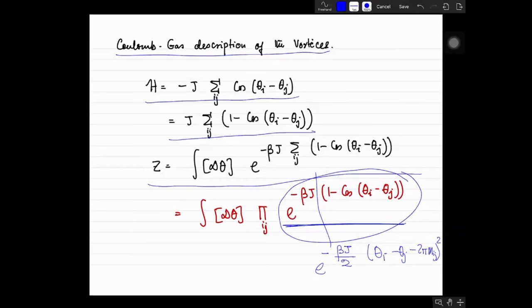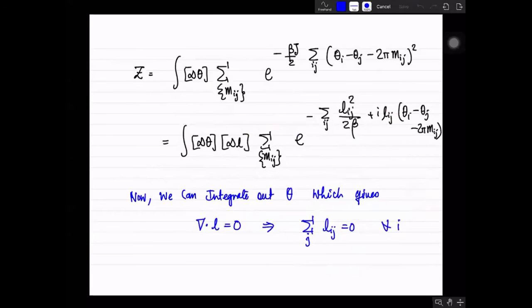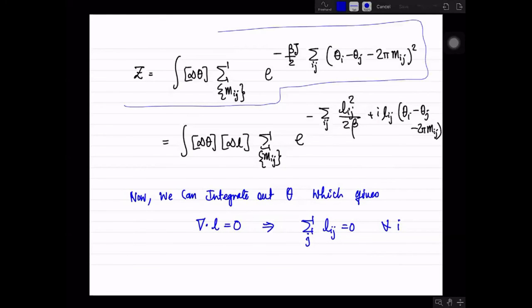And this m now lives on the bond ij, and is to be summed over all integers, such that I have this figure repeated over every interval of theta from 0 to 2 pi. So that's the approximate Hamiltonian. That's the thing I have written.